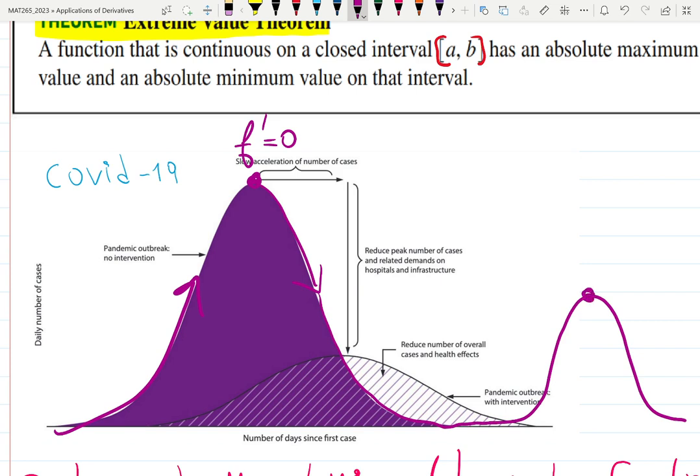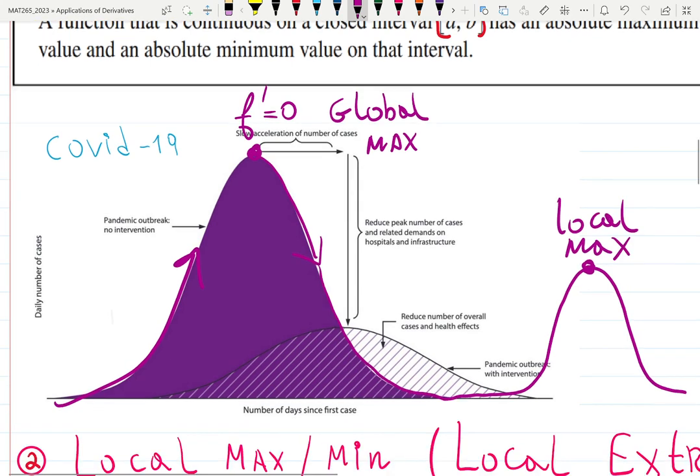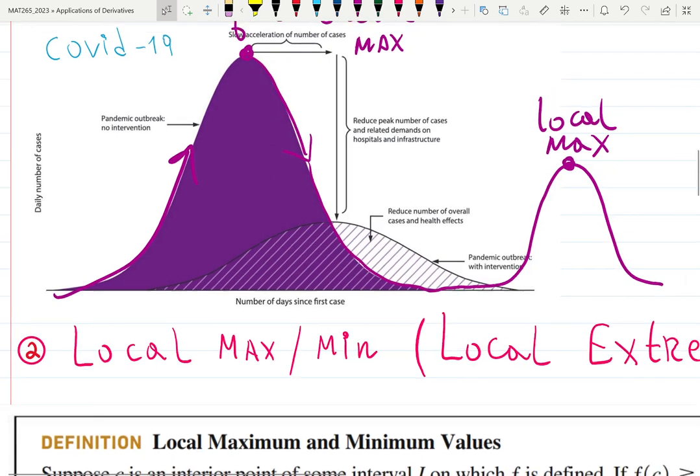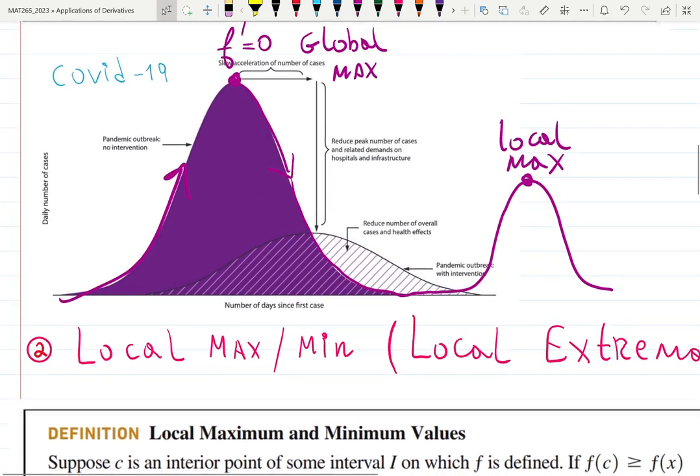We agreed that the biggest hill is called the global or absolute maximum, because by the definition, f(c) was bigger than all f(x), the biggest of the hills. But the second hill is also important, so we should mention it. It will be called a local maximum, because locally it's a hill. Locally it is the biggest height. The definition is local min, max, or local extreme values.